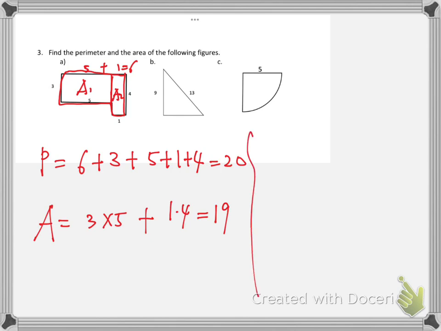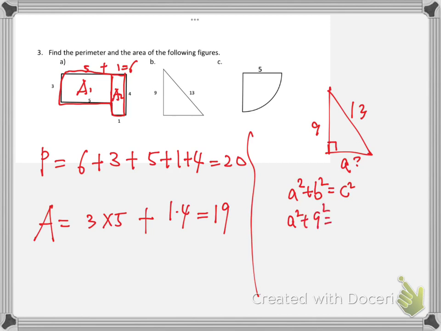So now the triangle is a little bit harder. We have to know the Pythagorean theorem to find the missing length, right? This is side a that we want to find. So Pythagorean theorem, a squared plus b squared is c squared. So this is a squared plus 9 squared is 13 squared. Then we got a squared plus 81 is 169.